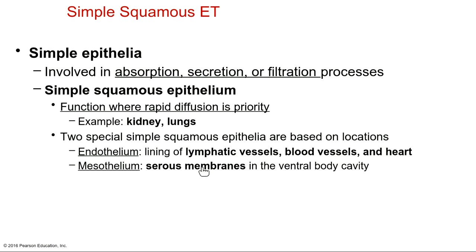They get into the serous membranes that are lining, guess where? The pleural cavity and the lungs. Okay, so this is what mesothelioma is. It's a cancer of the mesothelium that lines the pleural cavities because these people have unfortunately inhaled these toxins, and it is causing cancer of the mesothelium. So that's what that is.